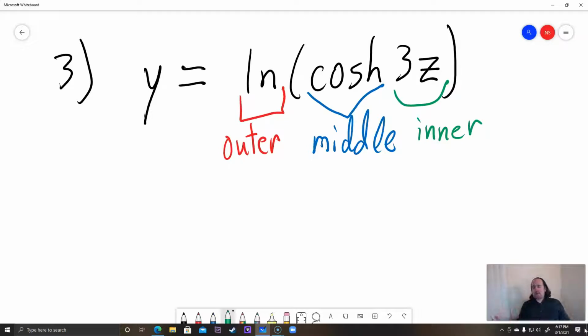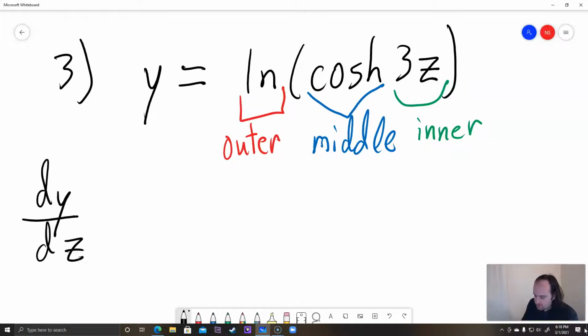Okay, and the way you do the chain rule is you work from the outside inward, just like the similar problems I did with other functions in previous lectures. Okay, just now we're doing a hyperbolic function. But what we're going to have here is our y prime, or dy dz, equals the derivative of the outer function, middle and inner left alone.